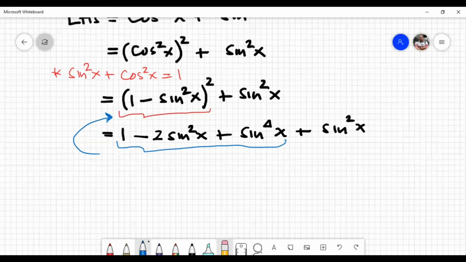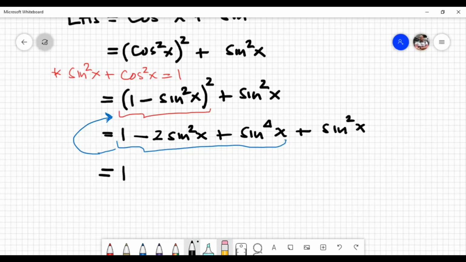Are you with me now? Okay, that's really good. And we continue. So the next thing is what? So mathematical operation, this is 1, am I right? I write 1.